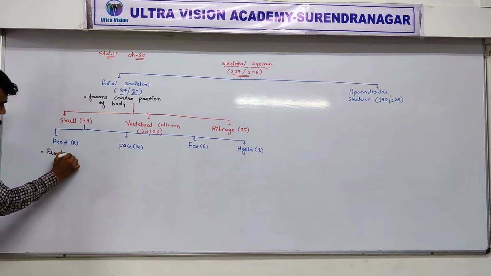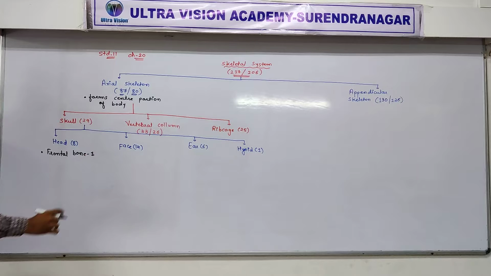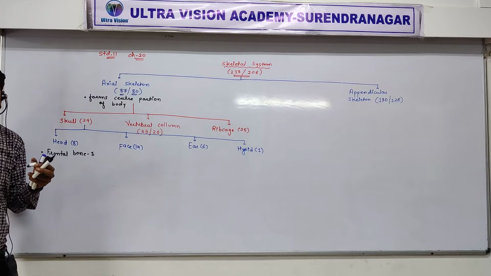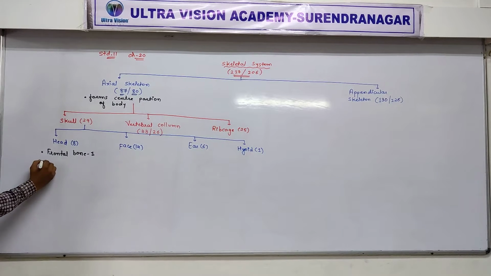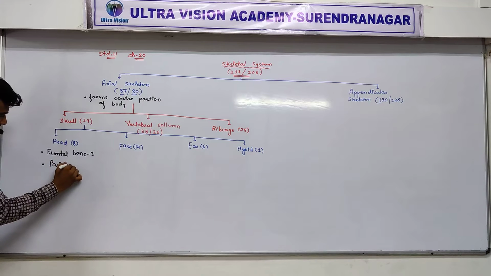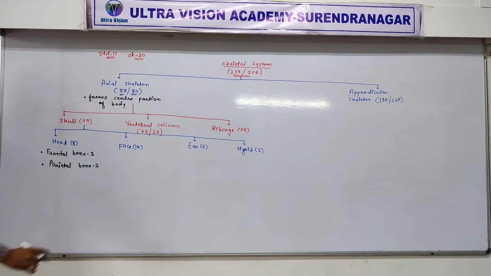frontal bone, that is 1. Frontal bone is 1, so it forms the anterior most part of the head, this one. I will show you it. Second, parietal bones are 2.